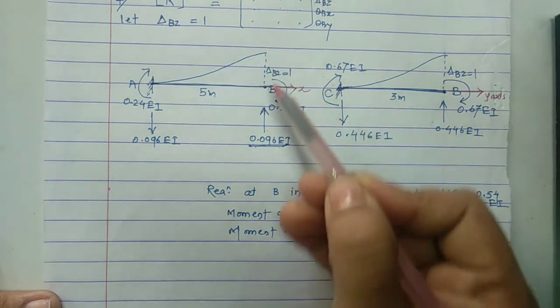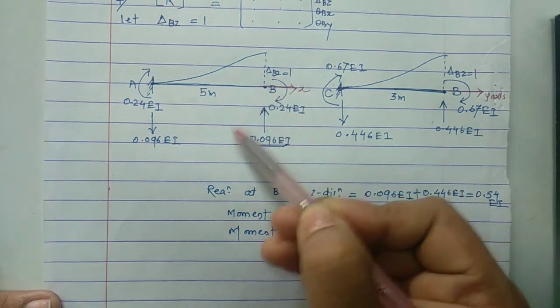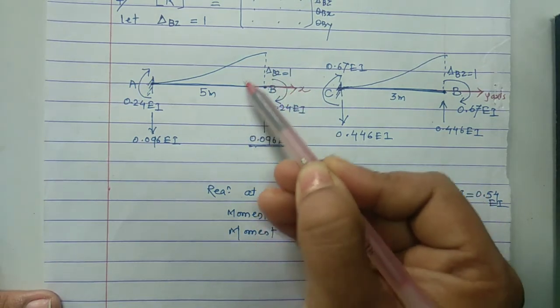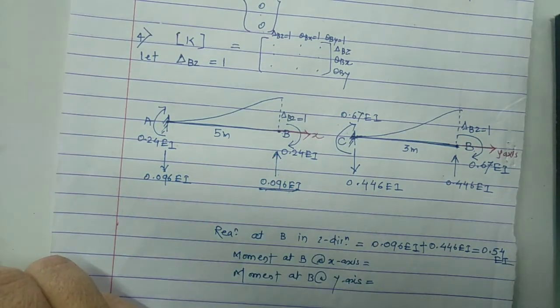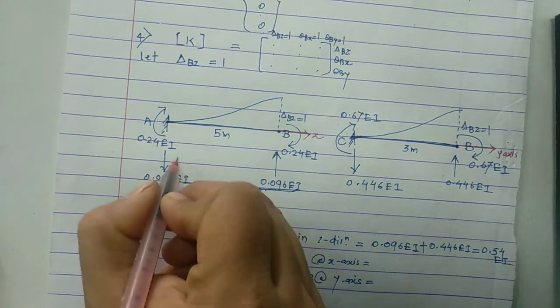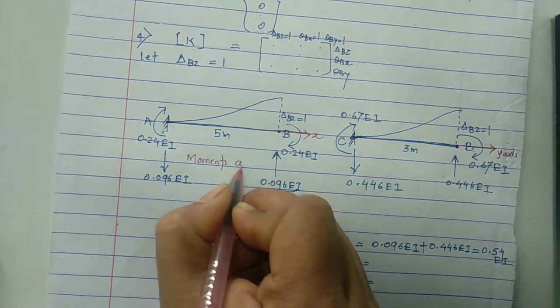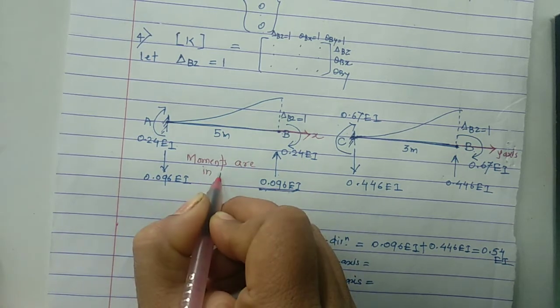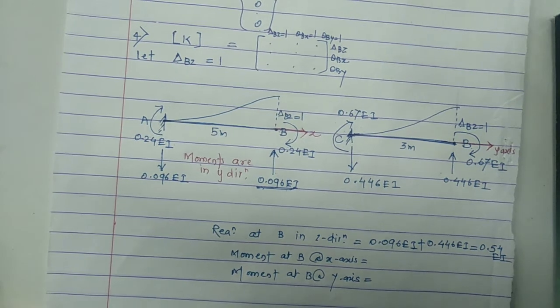This is z axis, this is x axis, and the third axis is y axis. So these moments are rotating about this third y-axis. So right here, AB member moments are in y direction, that is about y-axis.